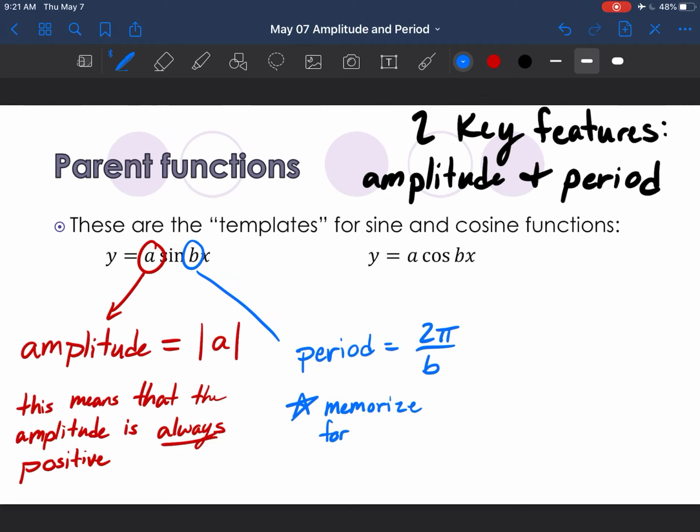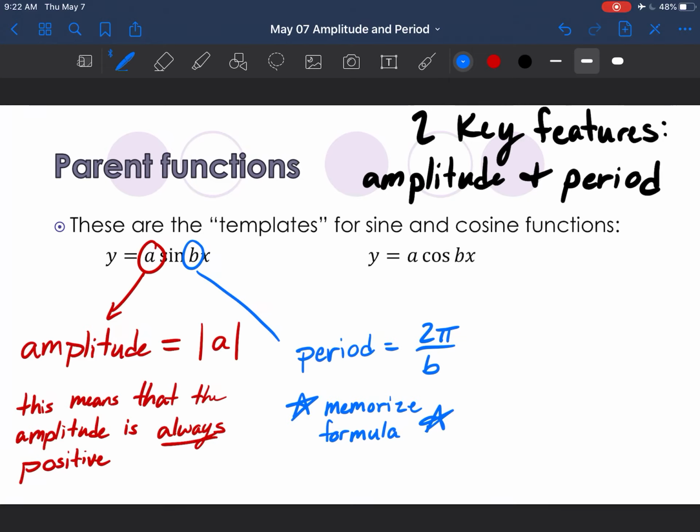It's always 2 pi. It's never like 4 pi or 3 pi. The reason it's 2 pi is because 2 pi, if you change that to degrees, would be 360 degrees, which normally would be a full rotation, but we're going to be doing things that do a full rotation in less than 360 degrees.